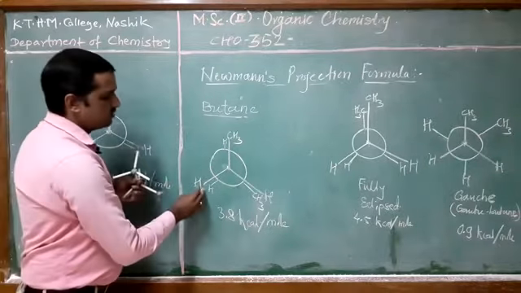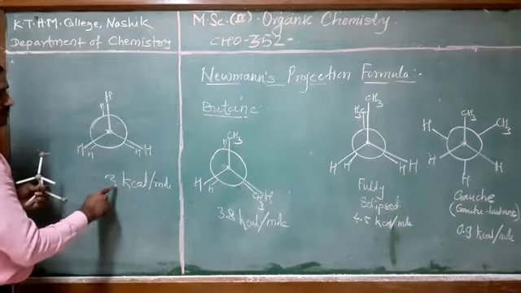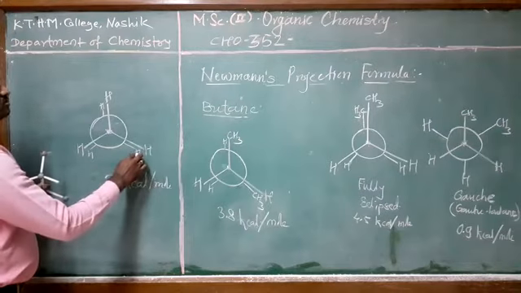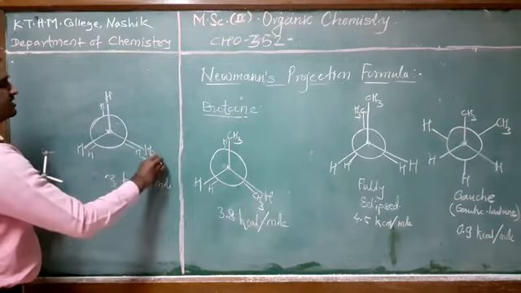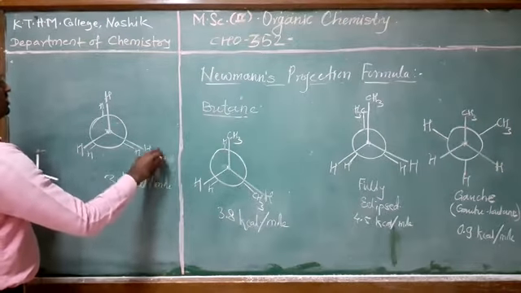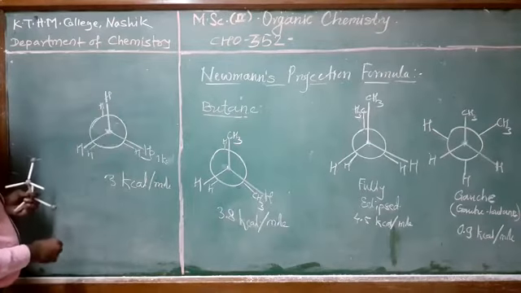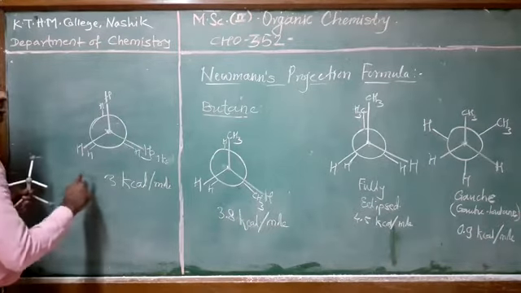That is, the eclipsing interactions of the three hydrogen pairs, 1 kilocalorie per mole each, sum to a total of 3 kilocalorie per mole.